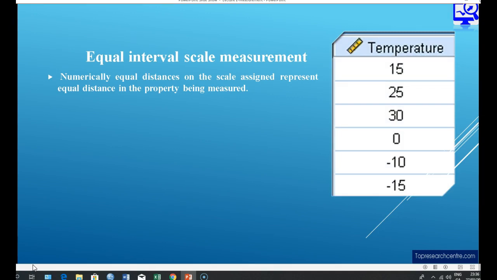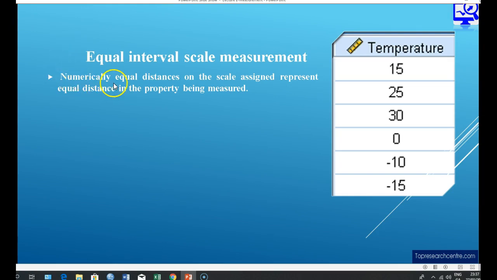For example, we have a variable temperature. In this scale, you find that the difference between 15 and 25 degrees is the same as the difference between 25 and 35 degrees, because the distance between 15 and 25 is 10, and the distance between 25 and 35 is 10.